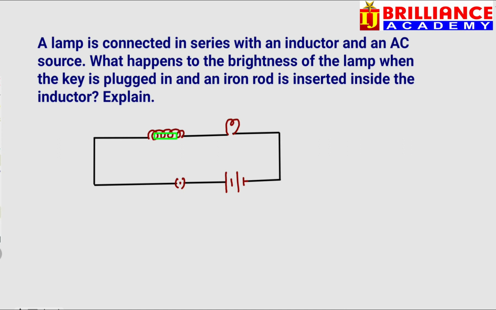When I connect the same combination, inductor and resistor, to a DC source, what will happen? The inductor will offer a back EMF for a while. We know the formula EMF is equal to minus L di by dt. So initially, for a while, it will offer a back EMF.